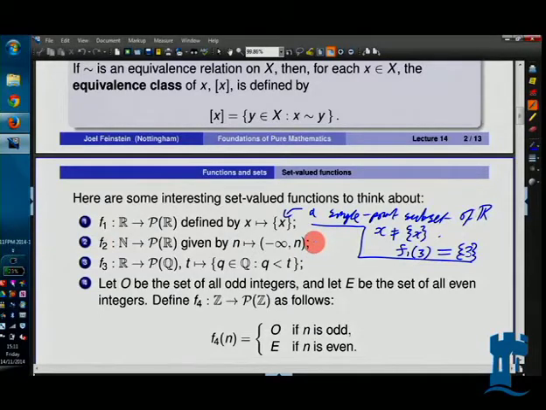So f2 of 4 is equal to the set minus infinity up to 4. 4 is a positive integer. This is a rather nice subset of the real numbers.